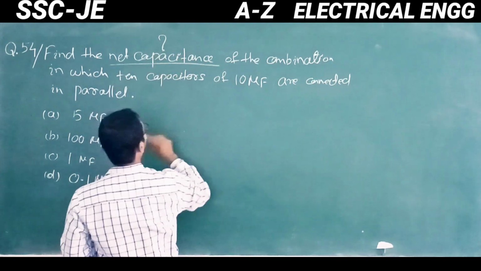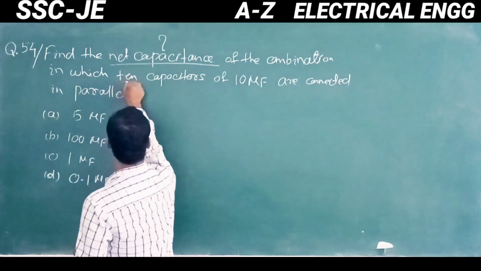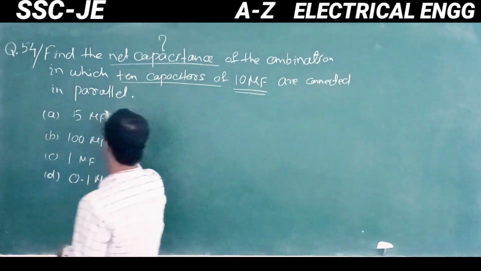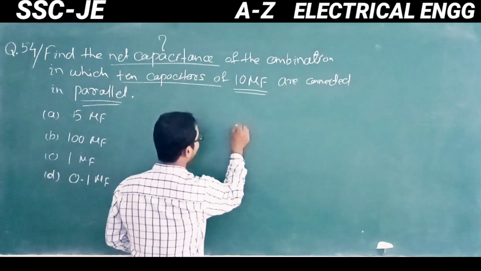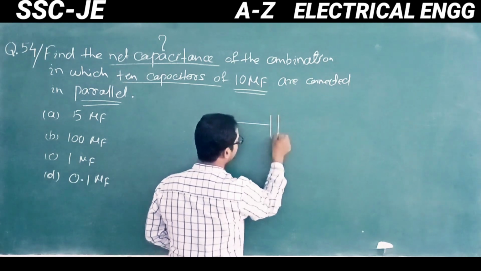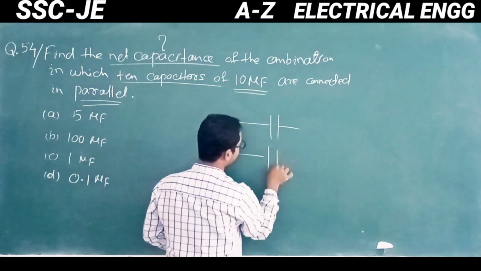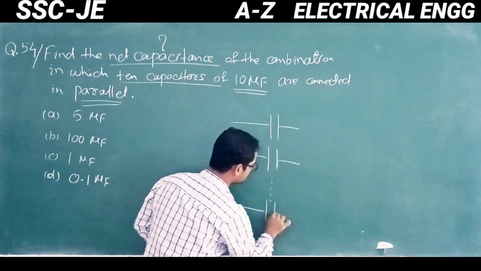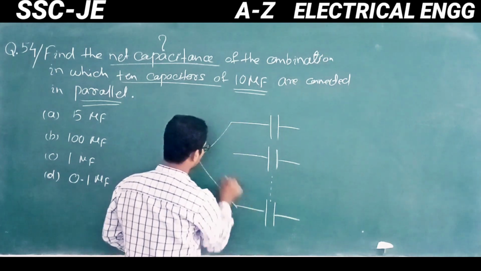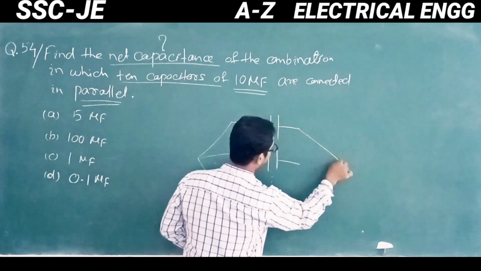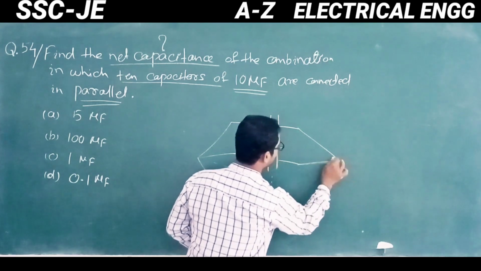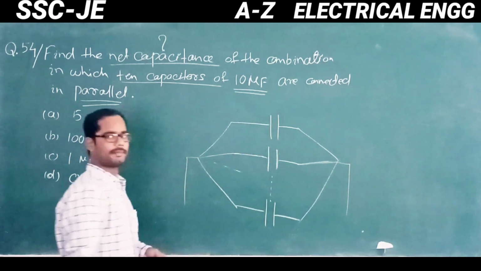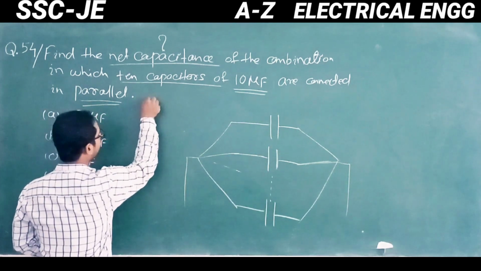If I draw the diagram, this is a capacitor, this is another capacitor, and like that 10 capacitors are connected. We have to find the equivalent capacitance.